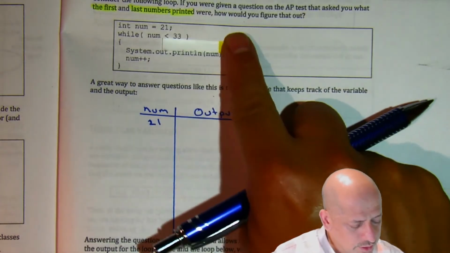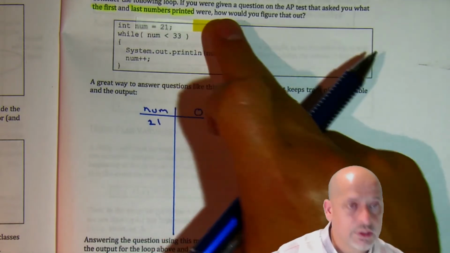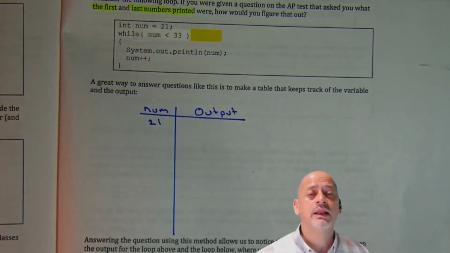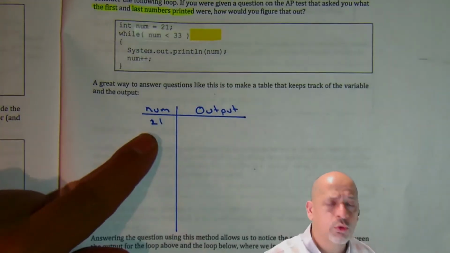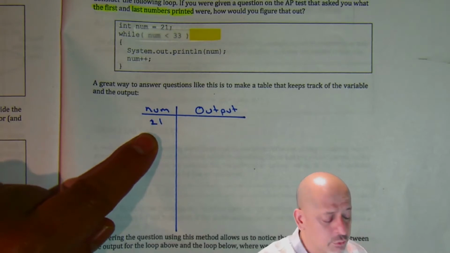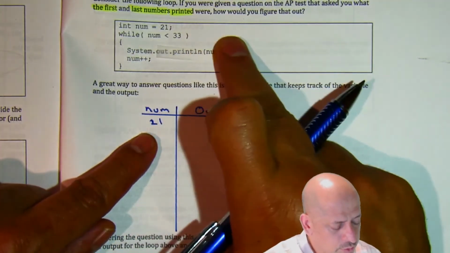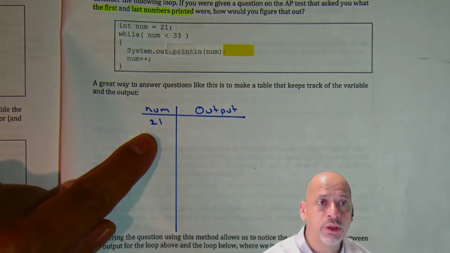So here's our code. We start with 21. Then we go into the next line and ask, is the number less than 33? 21 is less than 33, so we're going to continue. When we continue, we are going to print the number.